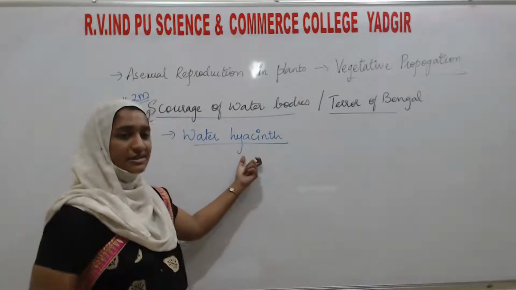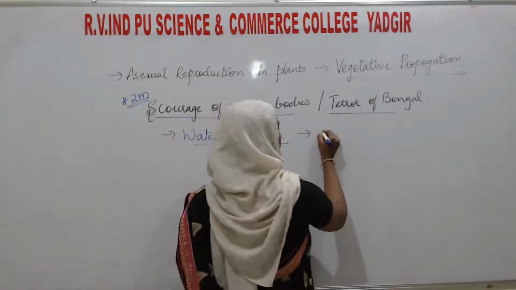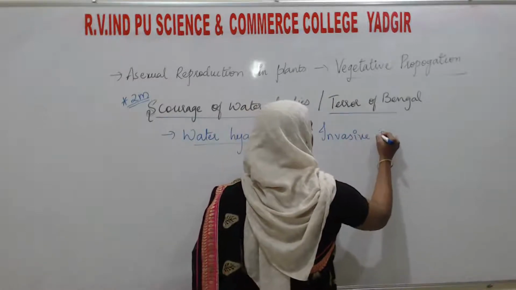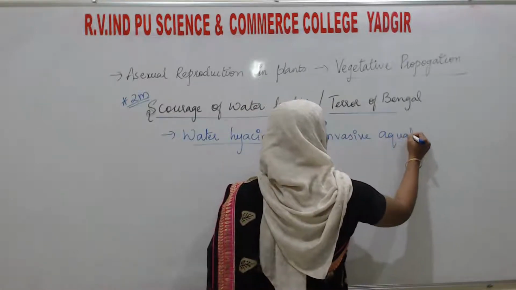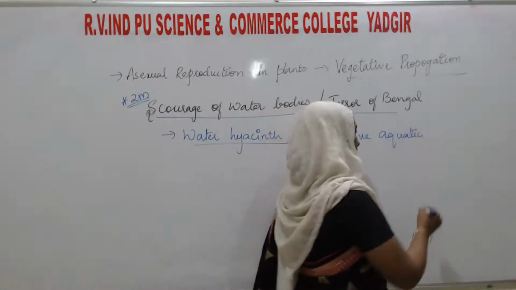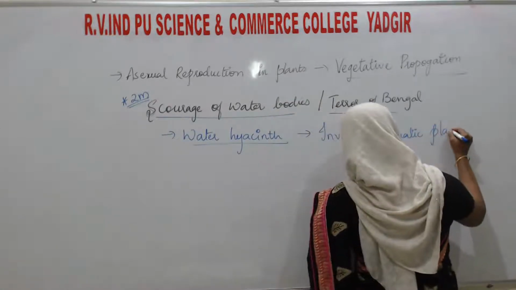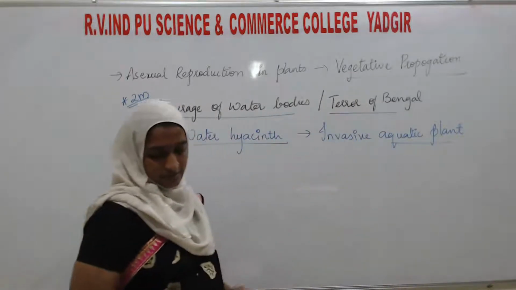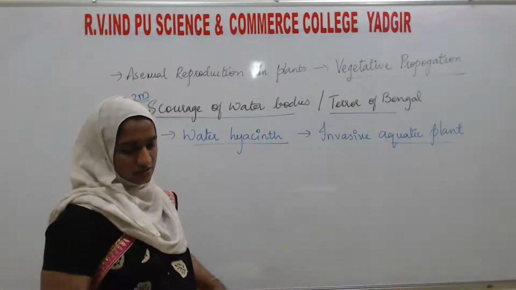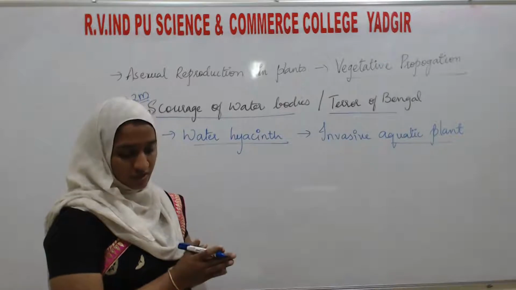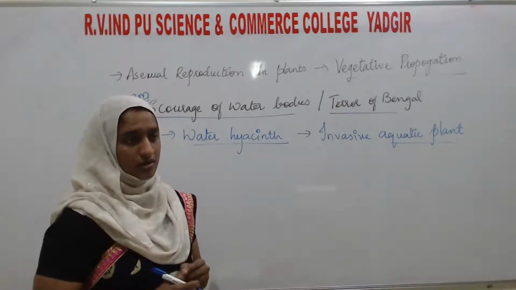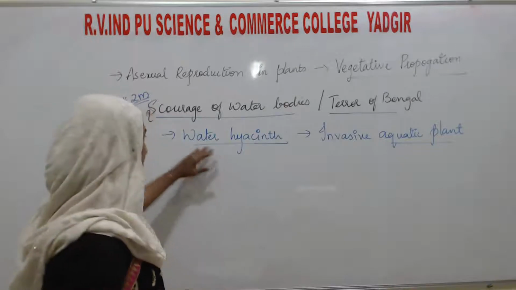Water hyacinth is one of the invasive aquatic plants, which grows in water. It is one of the most invasive weeds, found growing wherever there is stagnant or standing water.